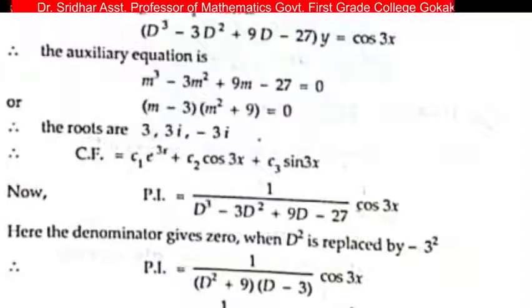okay, so now in that case what we do, we multiply the first term, this x, with x, and we differentiate this with respect to capital D. Okay, this is one method.